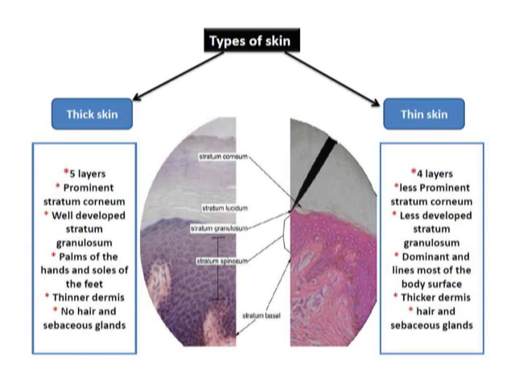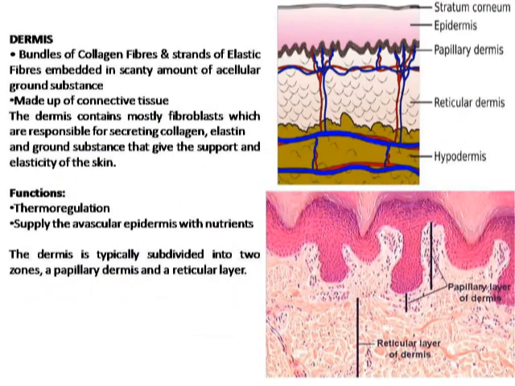What are the 4 layers? They are stratum basilae, stratum spinosum, stratum granulosum and stratum corneum. Stratum lucidum is absent in thin skin.